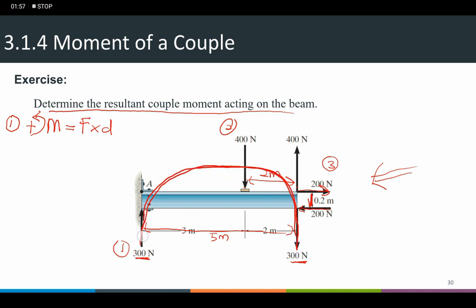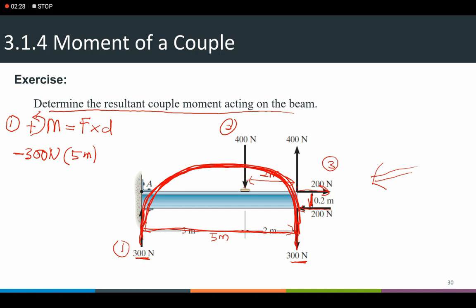This direction is clockwise. So, you know counterclockwise is always positive. This direction is clockwise. So, negative. Negative 300 Newton multiplied by the perpendicular distance 5 meter.